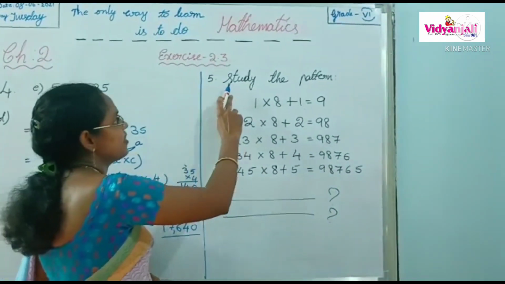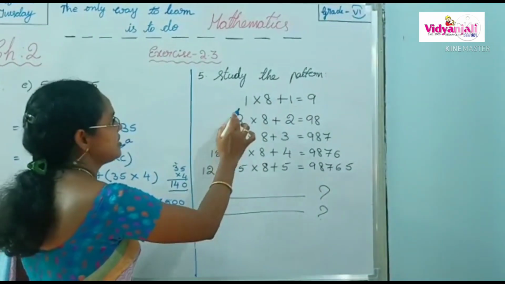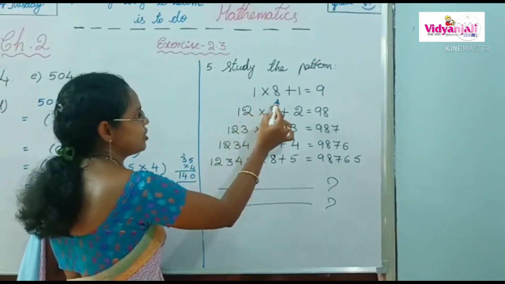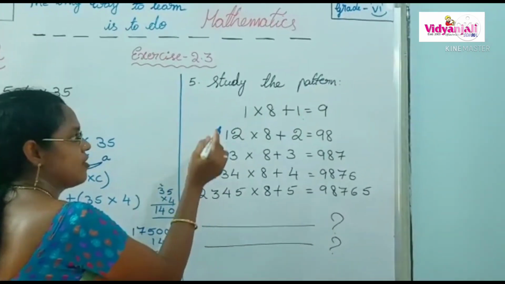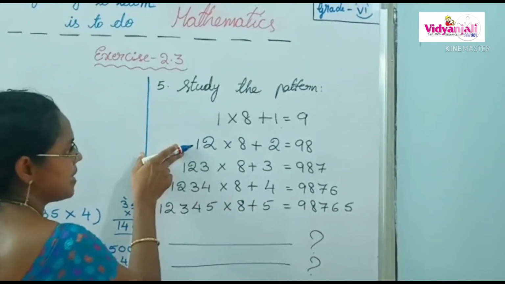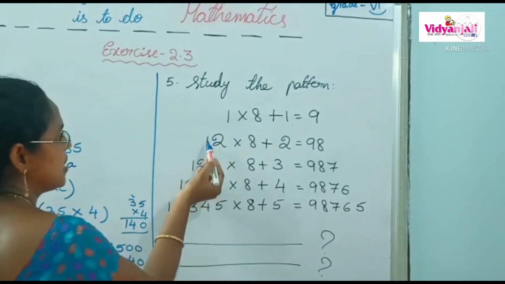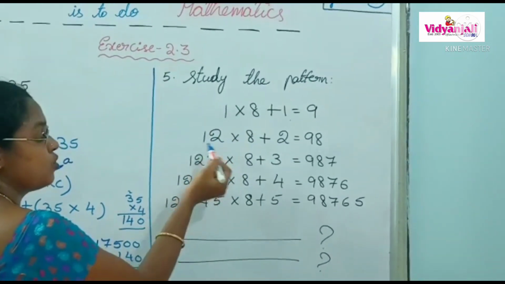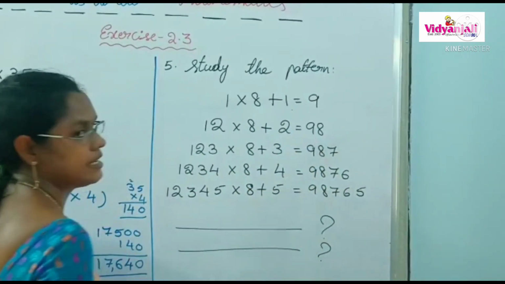Now let's see question number 5. The question number 5 is: study the pattern. Let us study the pattern now. See here the first step: 1 into 8 plus 1 is 9. Now you see the second step. While checking the second step, compare it with the first step. See here 1 into 8. Here in the place of 1 we have 12. 12 into 8 plus 2 gets 98.